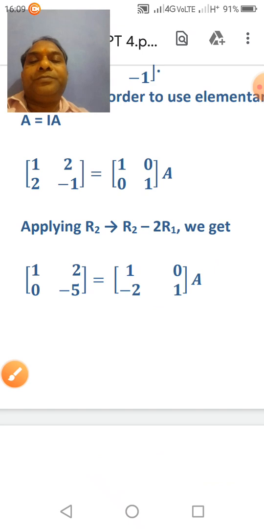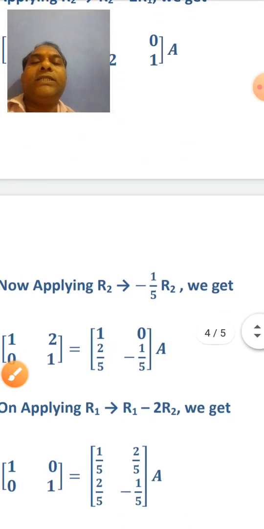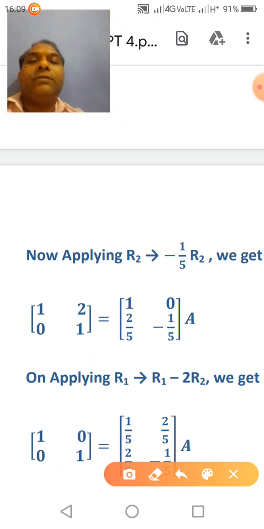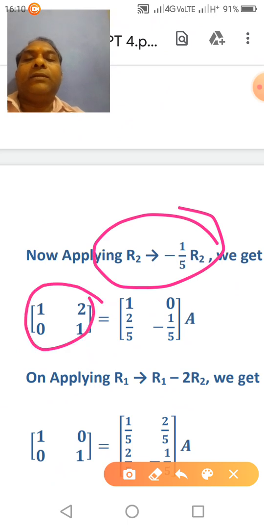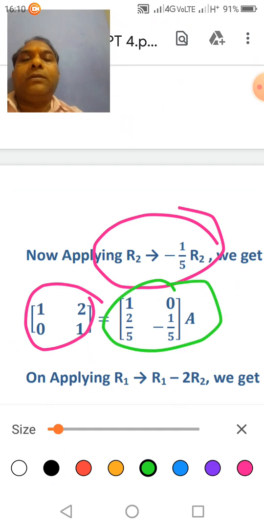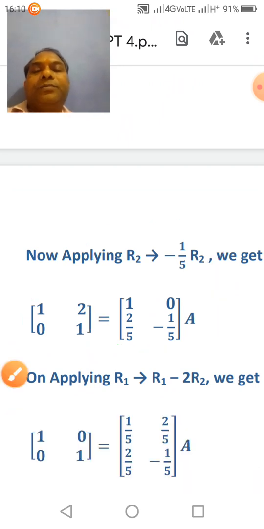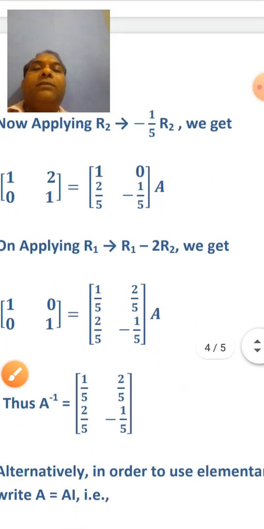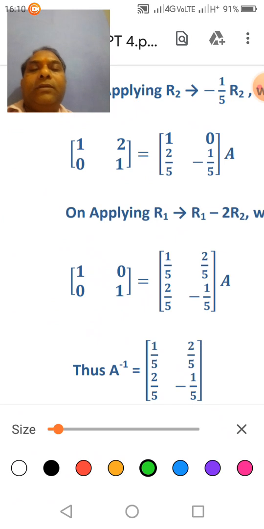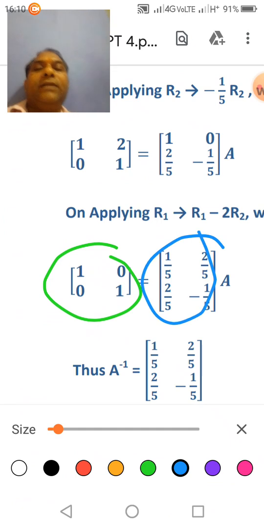Now next, R2 is changed by minus 1 by 5 R2. Then LHS will be this one and RHS will be this one. Now operate R1. R1 is changed by R1 minus 2 R2. Then you have LHS and RHS. Clear?